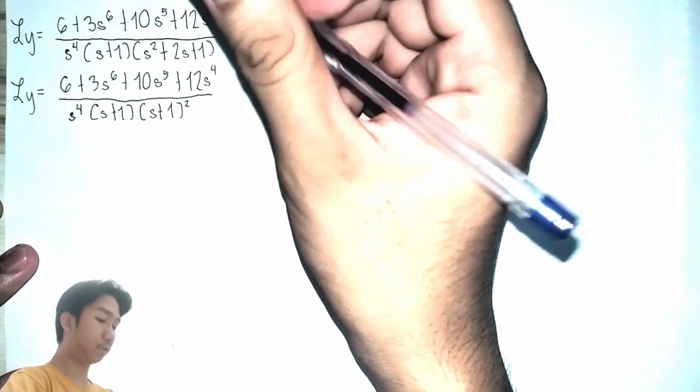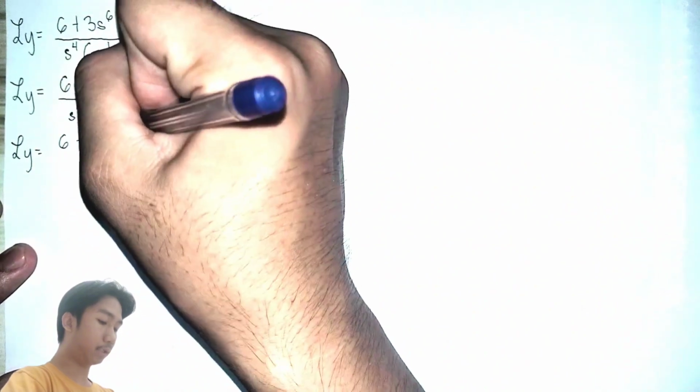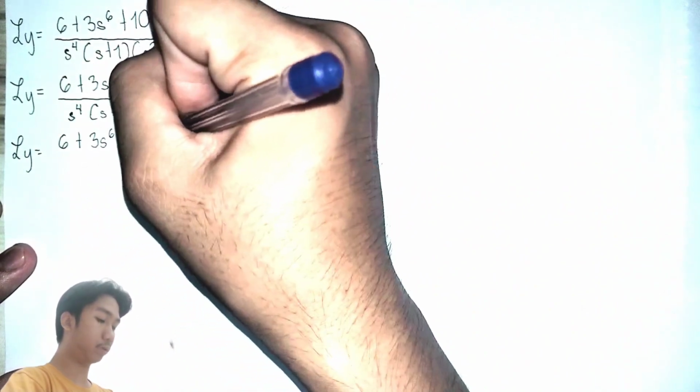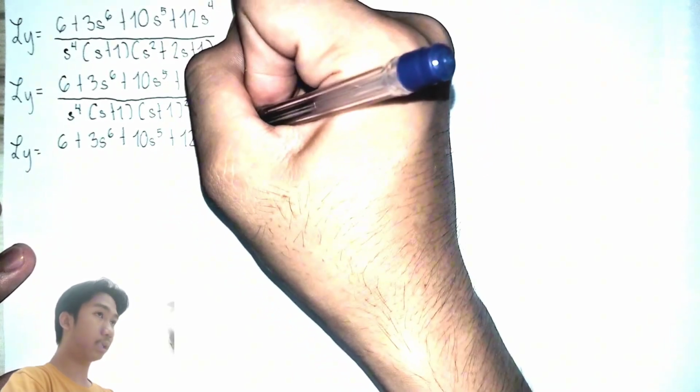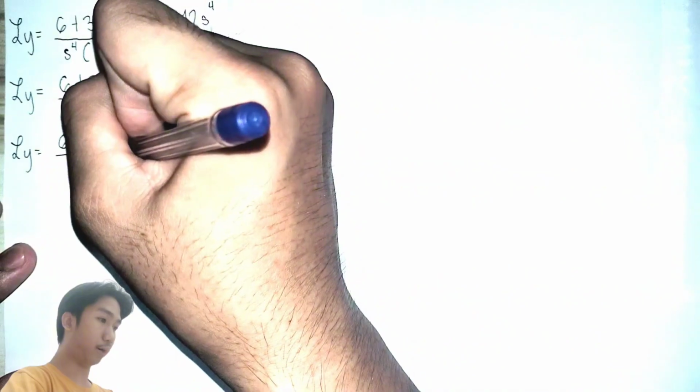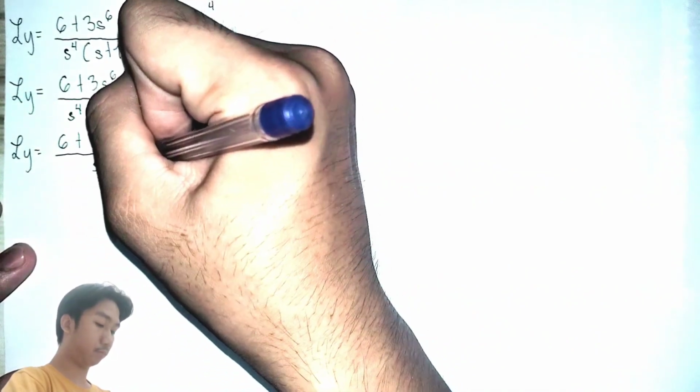So our Laplace of y now is equal to 6 plus 3s raised to 6 plus 10s raised to 5 plus 12s raised to 4 all over s raised to 4 multiplied to s plus 1 cubed.